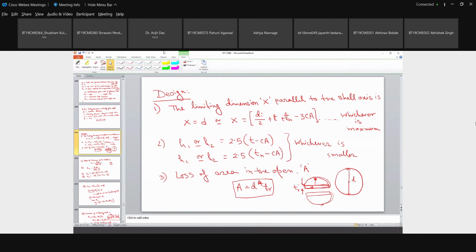In one case it is 2.5 into T minus CA, and in another case 2.5 into Tn minus CA, and we will consider whichever is small. One value will be given, either H1 or H2, and for the other value you have to calculate both values and consider the lower value. Clear?